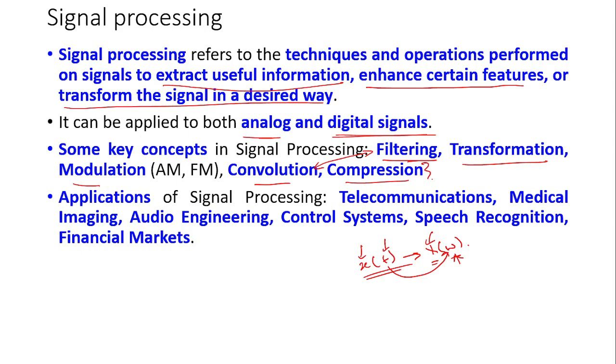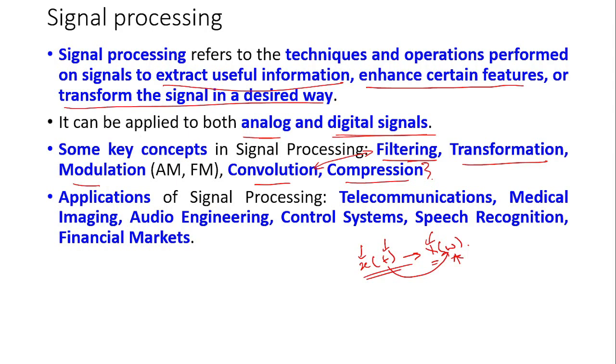However, we need to compress the signal in such a way that the information contained within the signal is not lost. Suppose I take his picture. Nowadays I have a 56 megapixel, 50 megapixel camera, even in the mobile phone.